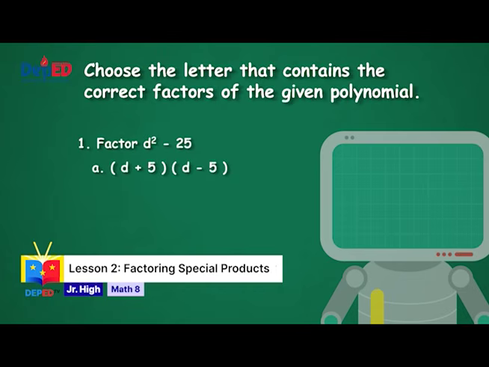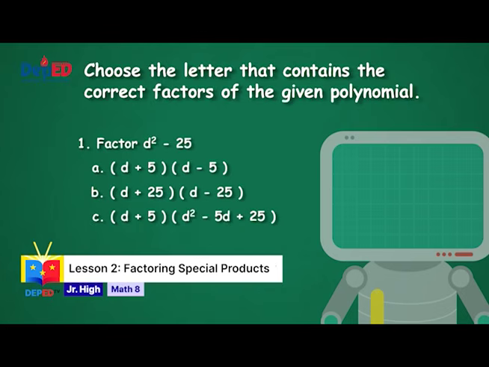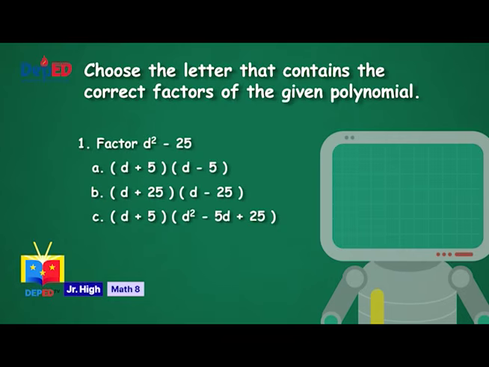Is it A, the quantity d plus 5 times the quantity d minus 5? Letter B, the quantity d plus 25 times the quantity d minus 25? Or is it C, d plus 5 times the quantity d squared minus 5d plus 25?